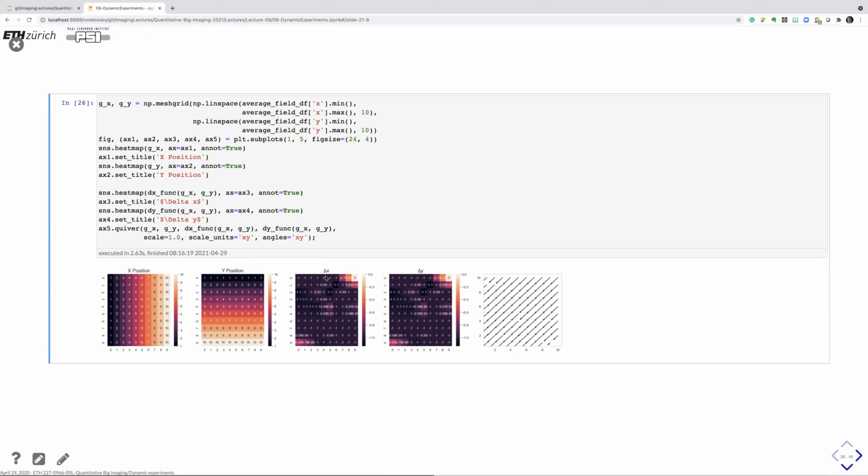You can see that the delta x motion here is -1 mostly, but there are some deviations, and we can see also in the y direction that it is also mainly going negative. And if we plot the motion field like this, then we can see also that everything is going consistently towards the lower corner of the image.